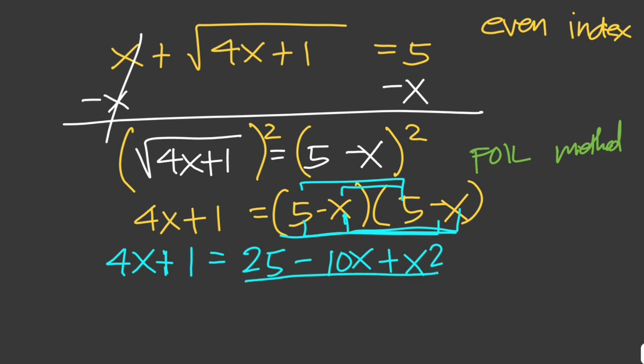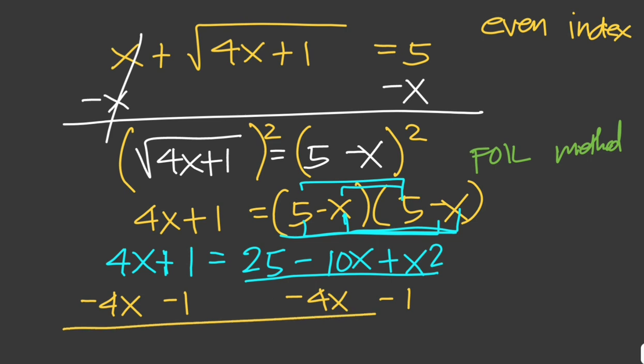Then we simplify and group like terms. We can subtract 4x plus 1 from both sides. So this would be minus 4x and then minus 1. Then we cancel out those terms, and we're left with 0. This would be equal to 0, and we have 25 minus 1, that is 24.